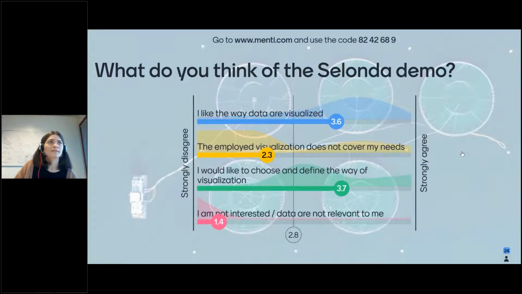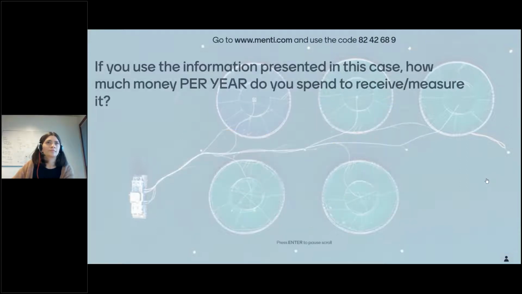Okay, I will move next. If you use the information presented in the HiSea case, how much money per year do you spend to receive or measure this information, which includes both satellite images, as Pedro showed, but also model output?